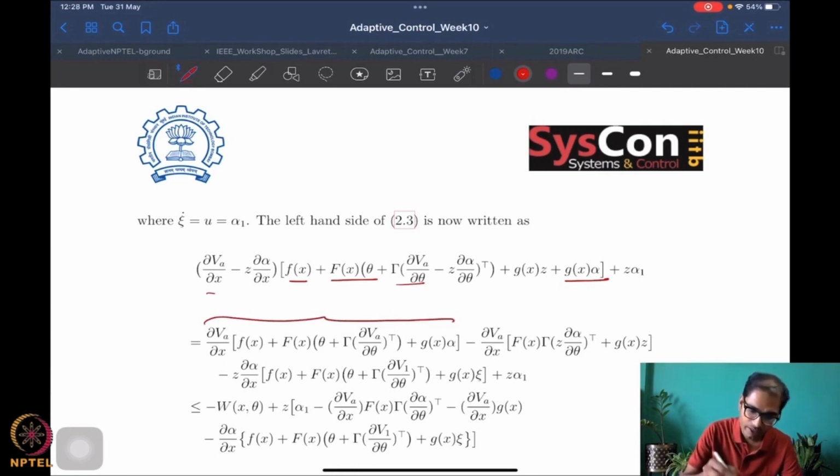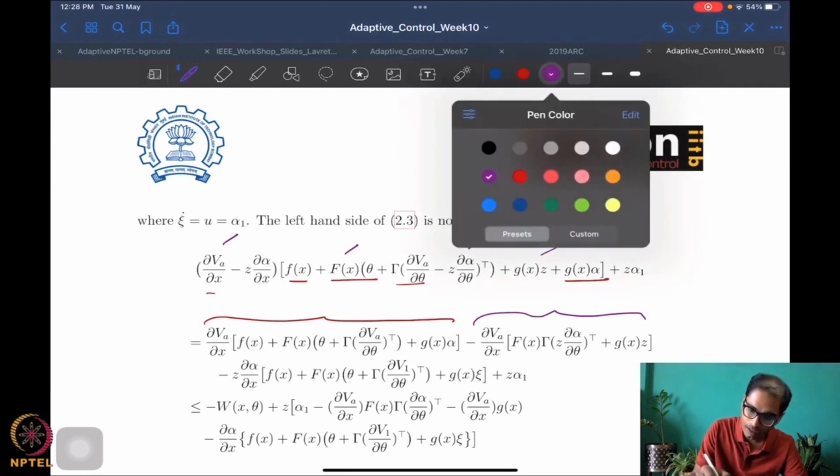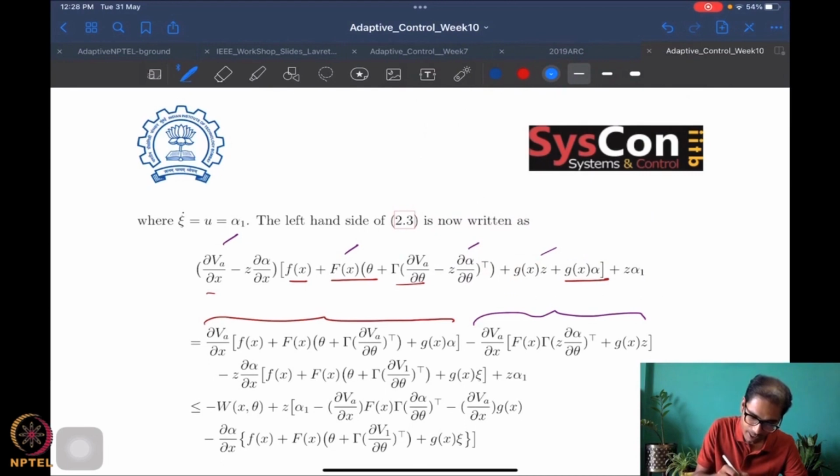Then we are left with these terms, the del va del x along with this and this, that goes here, right? Then I'm left with the entire del za del x terms, that's here, and this term is just taken as it is.